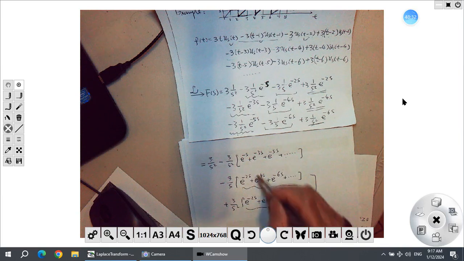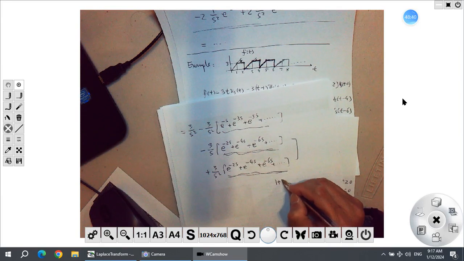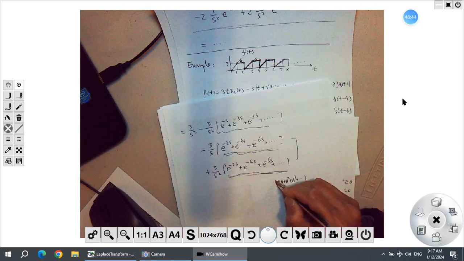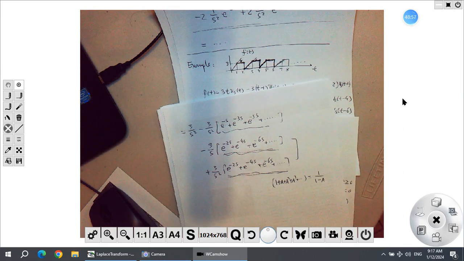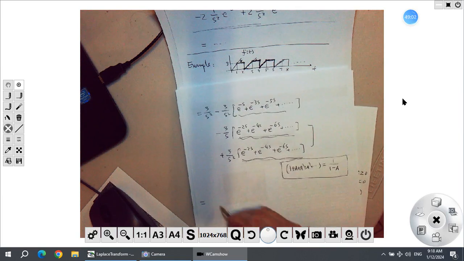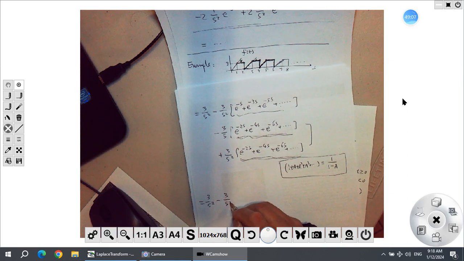Here, you see, this one, all of them, we can use that formula: 1 plus a plus a squared plus a cubed plus all of them equals 1 over 1 minus a. Yeah, like this, right? So we can use this one. So this equals 3 over s squared minus 3 over s squared times these.